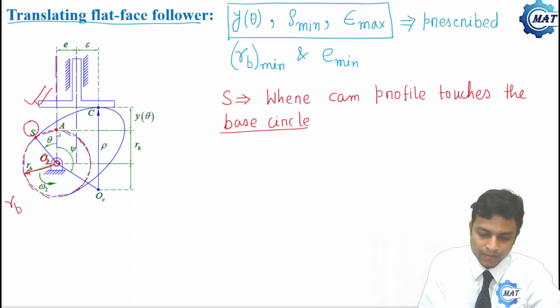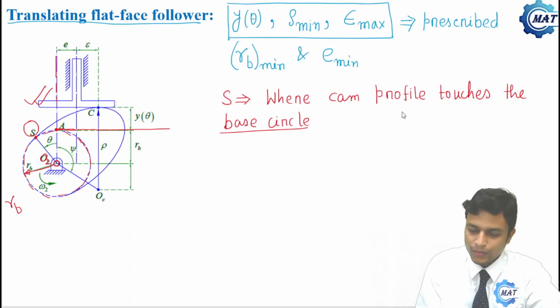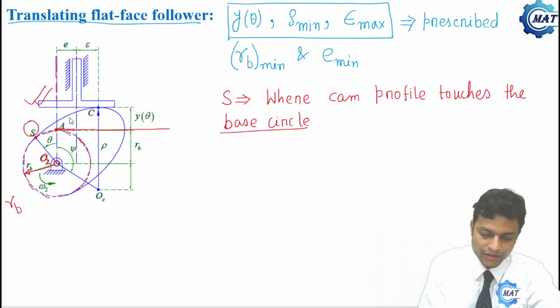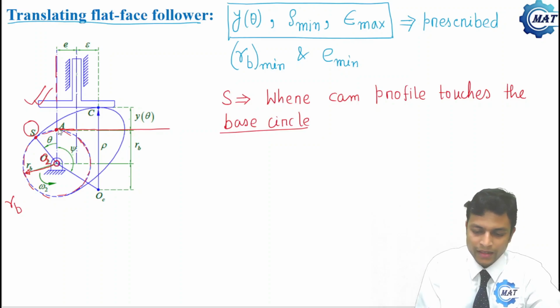If we draw a horizontal tangent to the base circle, parallel to the flat face, then when S, the point where the cam profile touches the base circle, is at the vertical level, the height of the follower is minimum, that is the shortest distance of the follower from the cam center O2. So at this level y is 0.